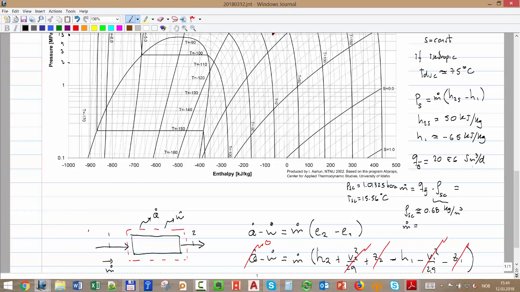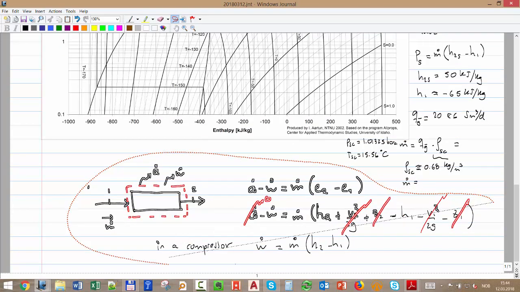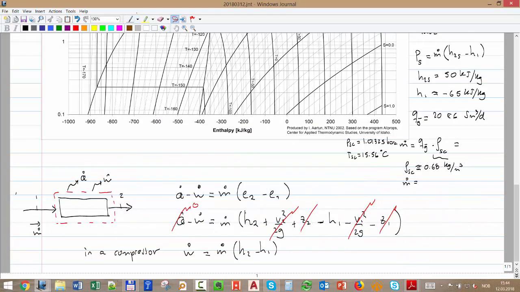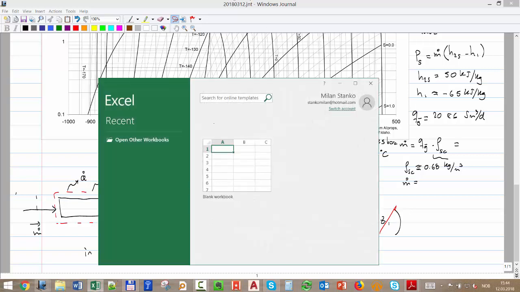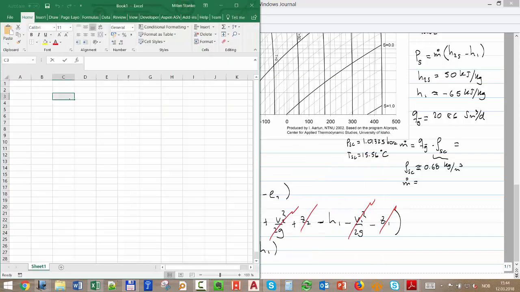Remember, I have to change this, we don't have much space. Okay, so I have 20 e to the 6 times the density, 0.68.